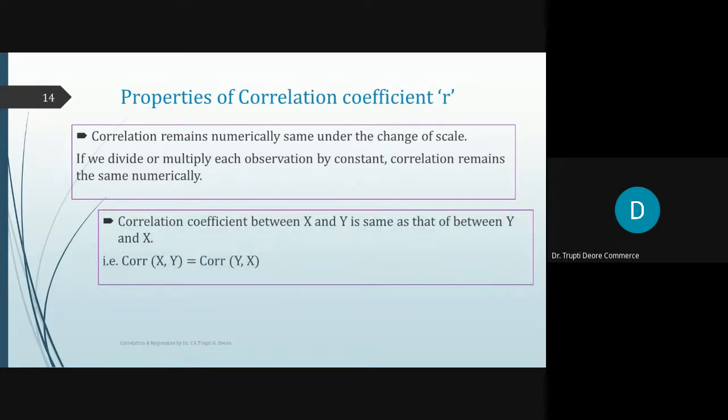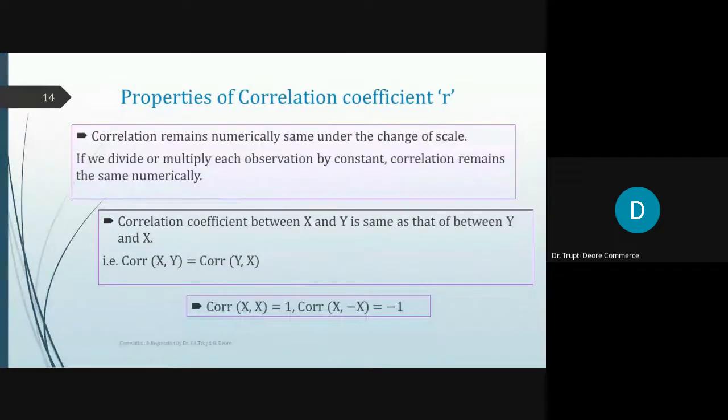And the correlation coefficient between x and y is the same as that between y and x. It means the correlation of xy is equal to correlation of yx. It's like the multiplication rule: whether you multiply 3 into 4 or 4 into 3, you will get the same answer. Same here.